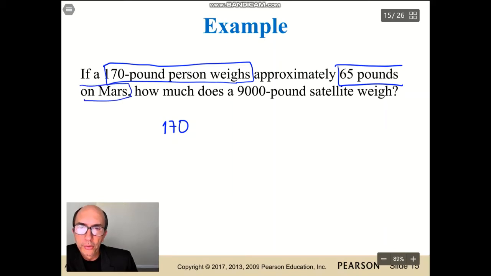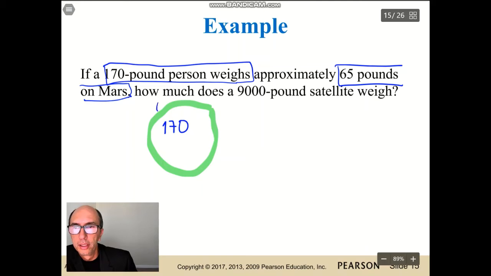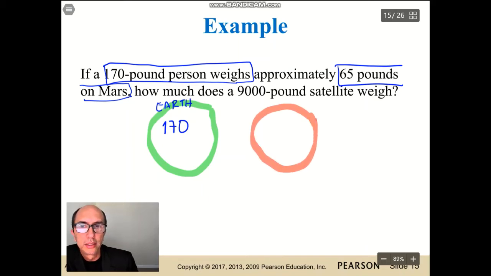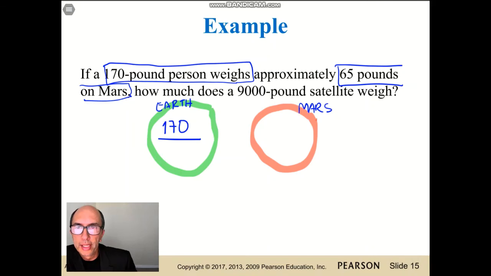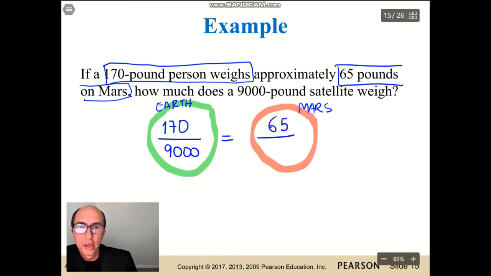We're going to write down on this side of the proportion everything that's on Earth. This is on Earth. On the other side of the proportion, everything that's on Mars. So 170 on Earth over 9,000 is going to be equal, now on Mars, 65 pounds on Mars over the weight of the satellite on Mars, and we can call this x.